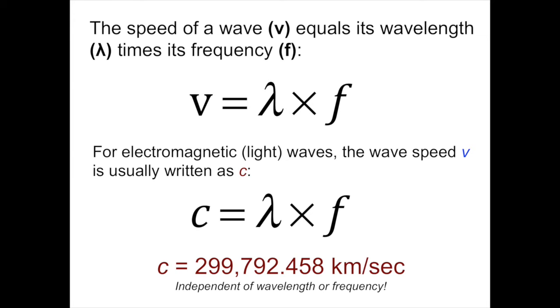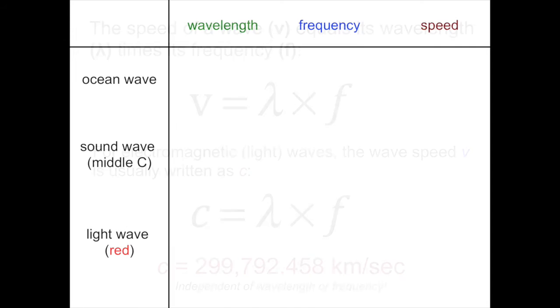The speed is also independent of the wavelength or the frequency of the electromagnetic wave. Why is it called c? It's called c from the Latin celeritas, meaning fast, and it's in recognition of the fact that the speed of light is the fastest thing in the universe.